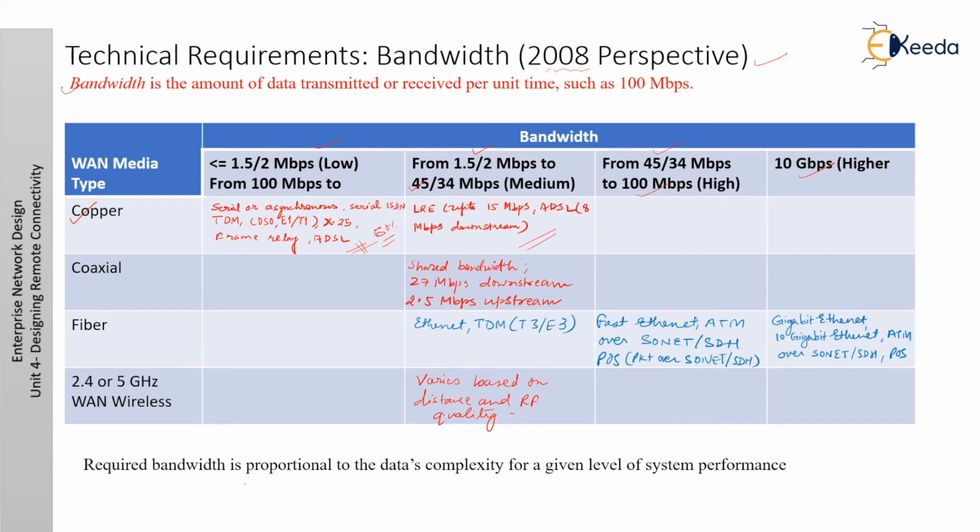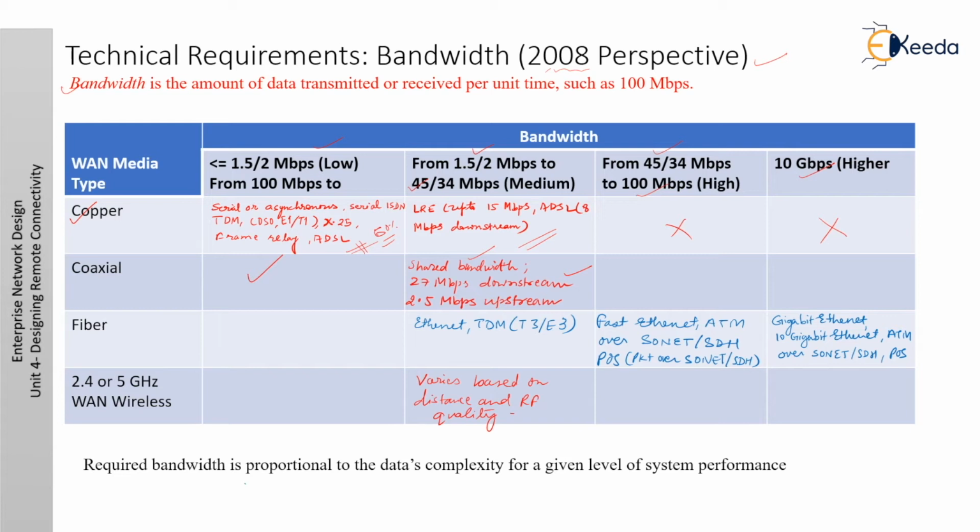This is not applicable with copper cable, and 10 Gbps is also not possible. Now come to coaxial cable. Coaxial cable uses shared bandwidth, 27 Mbps downstream and 2.5 Mbps upstream, meaning almost 10% is the upstream speed.